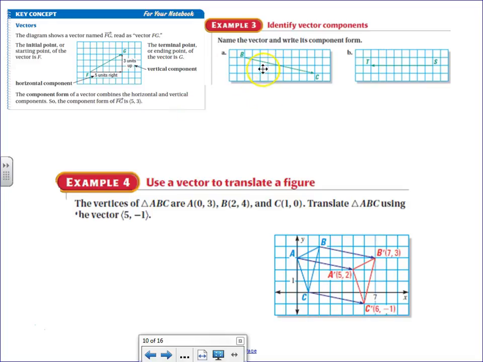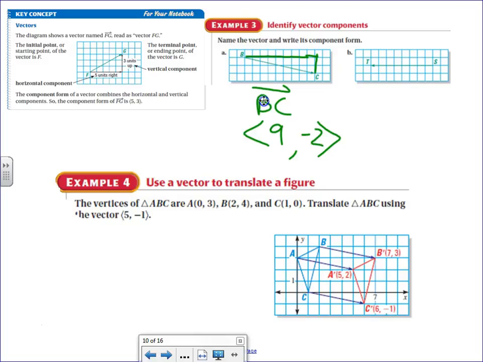So let's take a look at this vector over here, vector BC, because it starts at B, finishes at C. And its component form will tell us how far we need to go and which direction we're going. So over 1, 2, 3, 4, 5, 6, 7, 8, 9 units, and down 2, so negative 2.